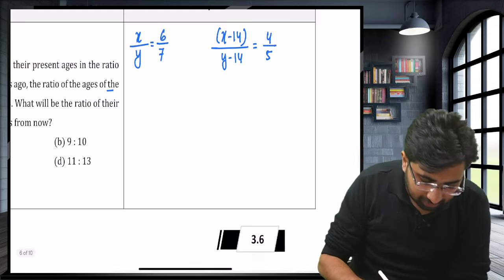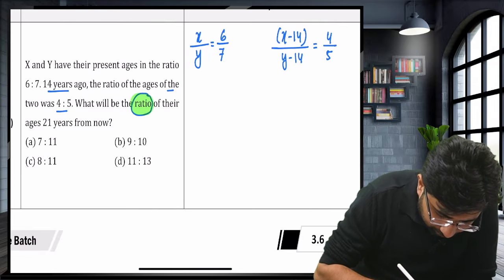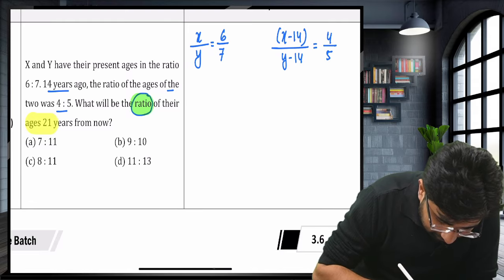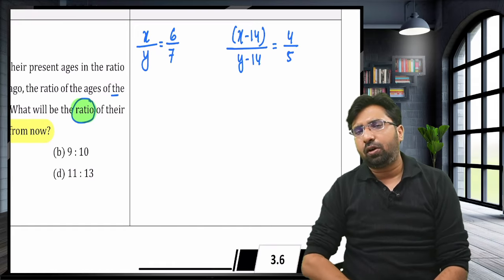Now, what will be the ratio of their ages 21 years from now?